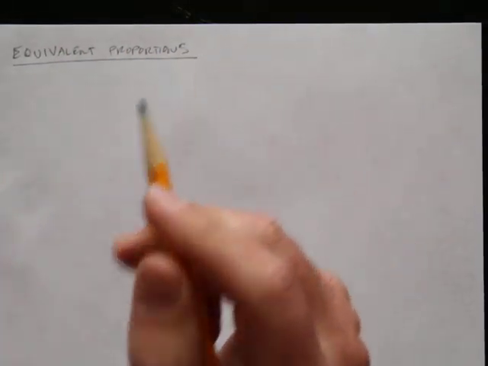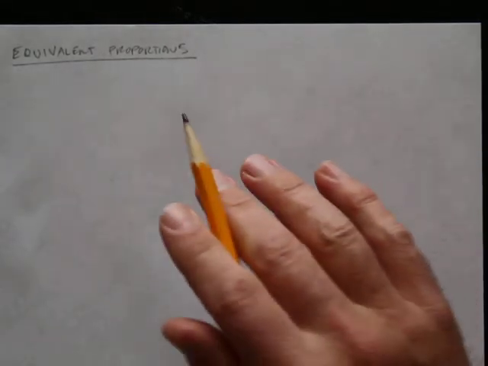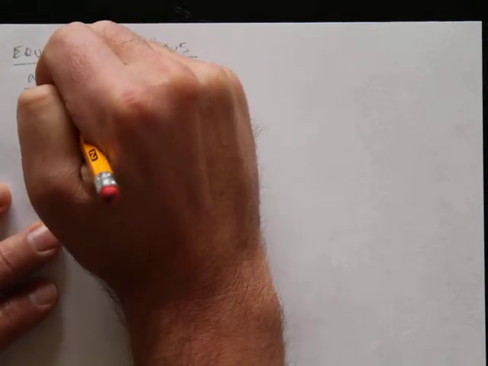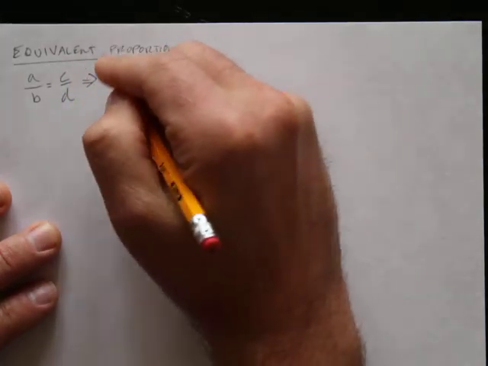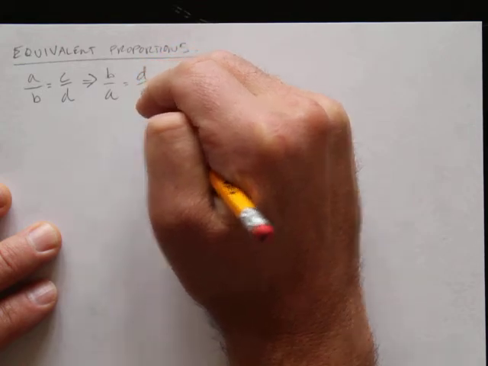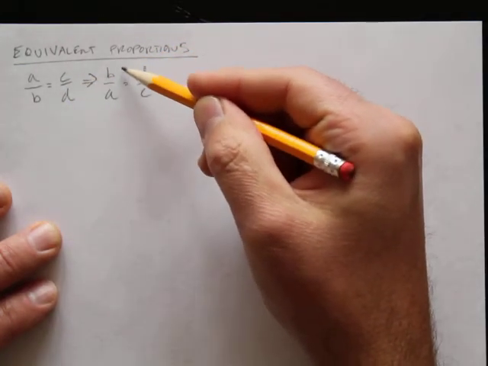Equivalent proportions. So we just have a couple examples to do after we write a little bit of stuff down first. So if A over B equals C over D, then B over A equals D over C. All I've done is flip them, the numerator and the denominator.